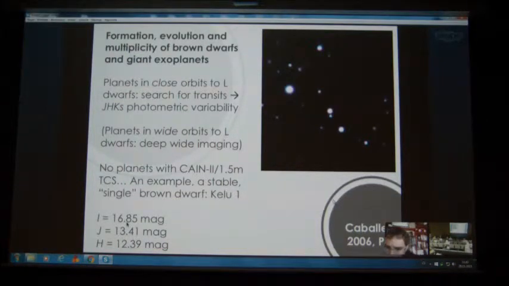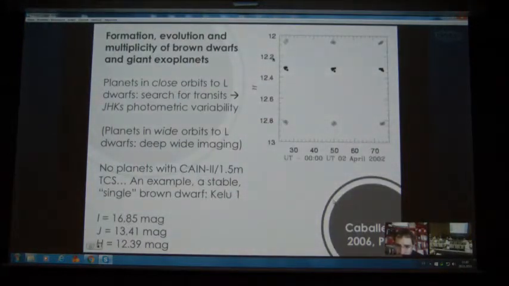So we are talking of really very faint targets. What I was able to do was to measure the stability of this brown dwarf with an accuracy of 8 millimagnitudes, 0.008 magnitudes. There were no transits.